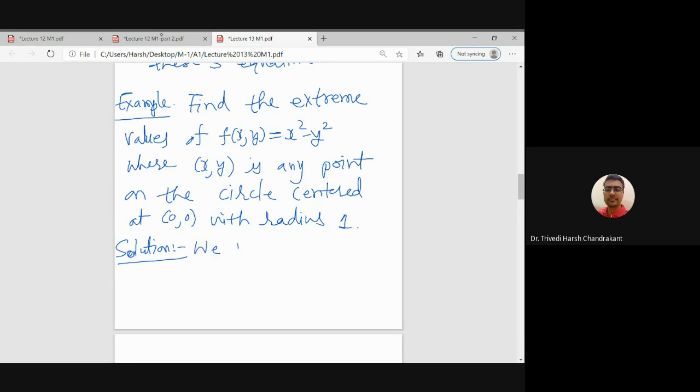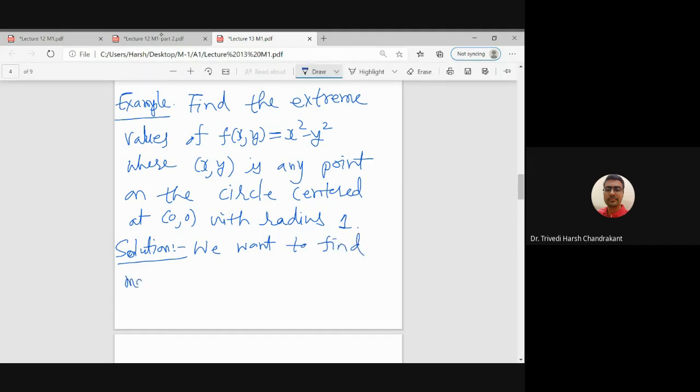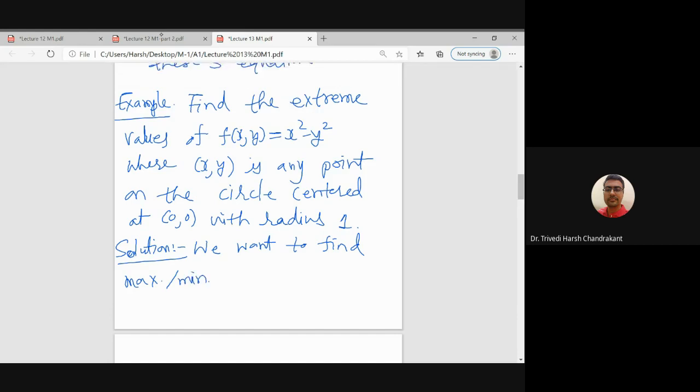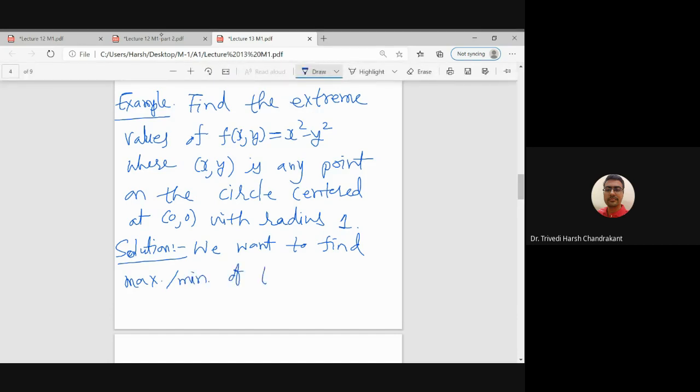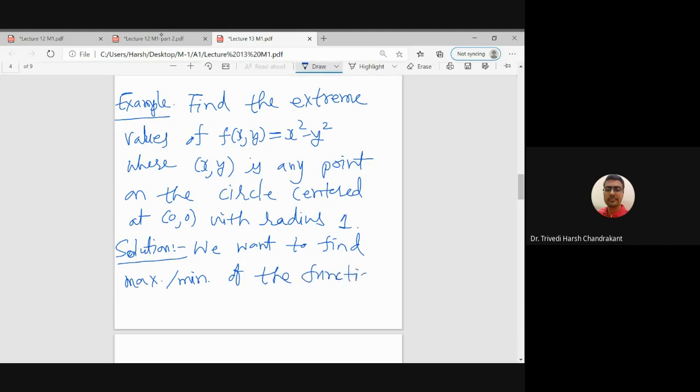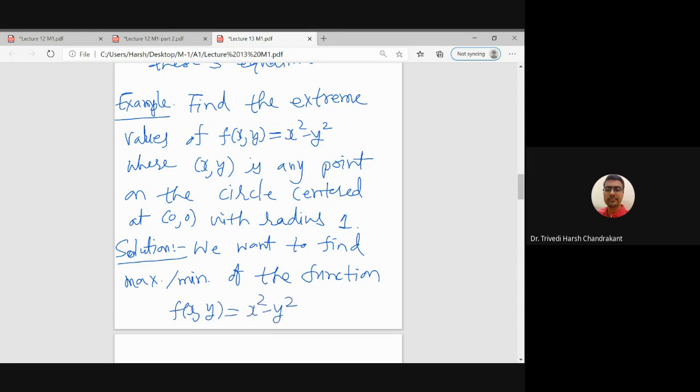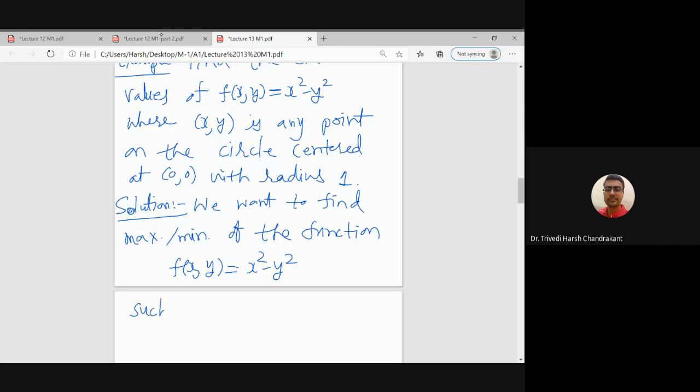We want to find the maximum or minimum value of the function fxy equals x square minus y square, such that our point xy is on the circle centered at origin and radius 1. That means it is on the unit circle. So that is the equation of the circle, the unit circle: x square plus y square is equal to 1.